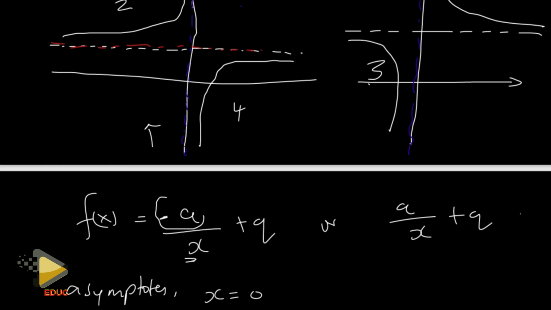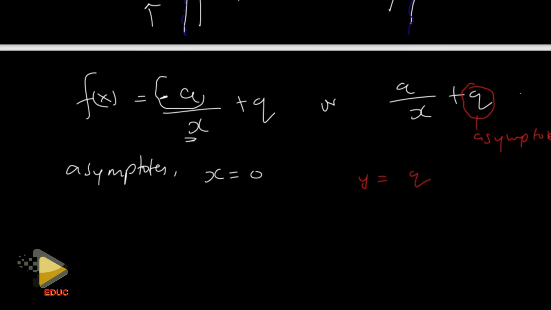So the graph can never cut that line there. And then this q represents that asymptote. Okay. So x is equal to 0 or y is equal to q. q and a, those will be just numbers there. This one is just a constant. It will always be x is equal to 0 unless there is a transformation or a shift of the graph.